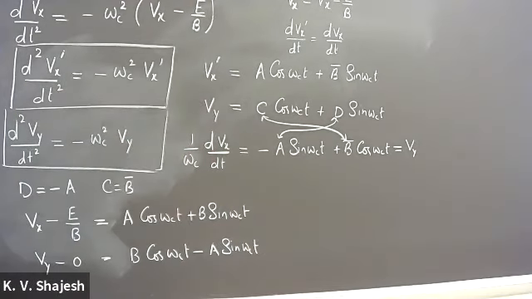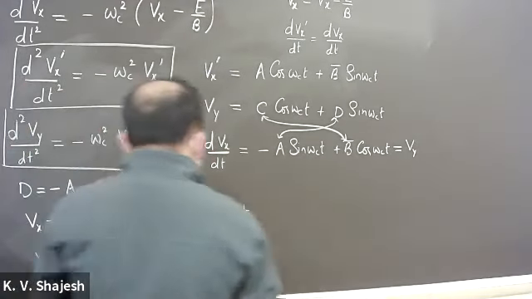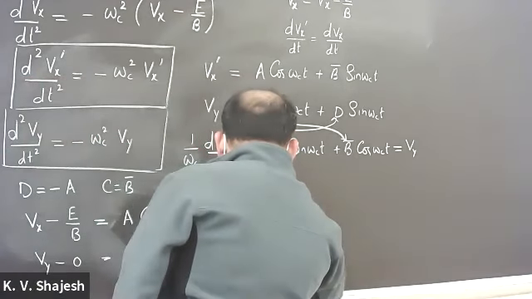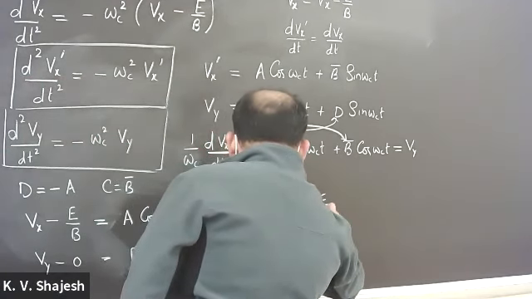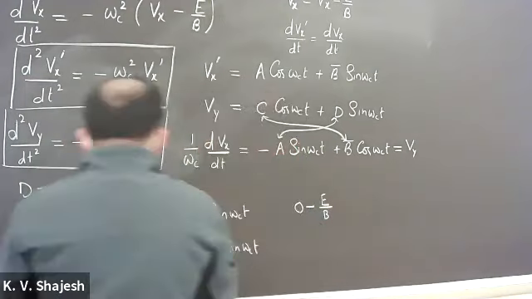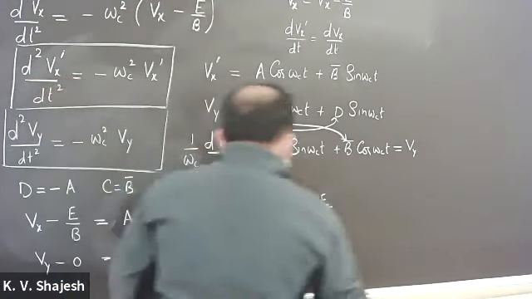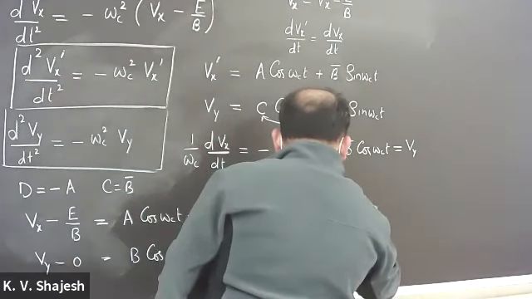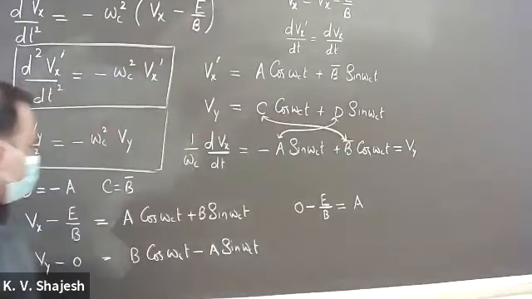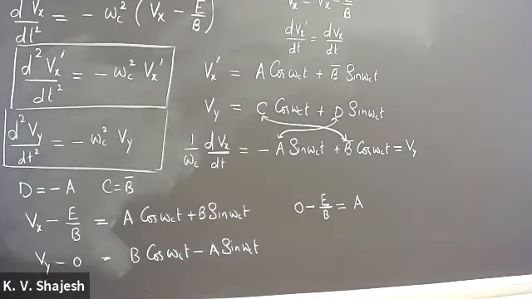Let's see what happens at time t equal to 0. At time t equal to 0, Vx is 0, so that's minus E over B. And at time t equal to 0, the sine goes away, so that's equal to A. So we know that A has to be equal to minus E over B.